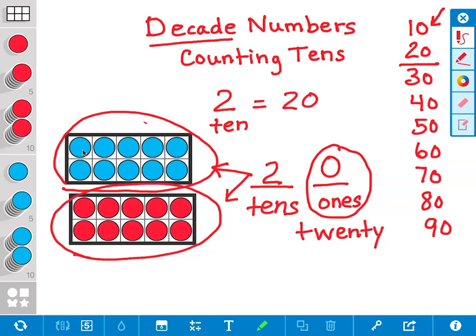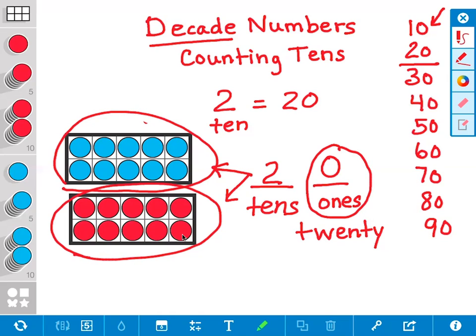And when you count them, you find out 1, 2, 3, 4, 5, 6, 7, 8, 9, 10, 11, 12, 13, 14, 15, 16, 17, 18, 19, 20. So I have 2 groups of 10 and 0 ones. And that does make 20.